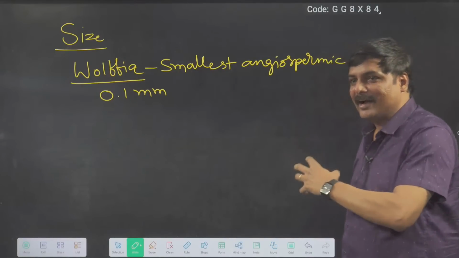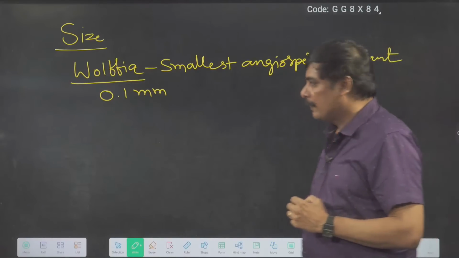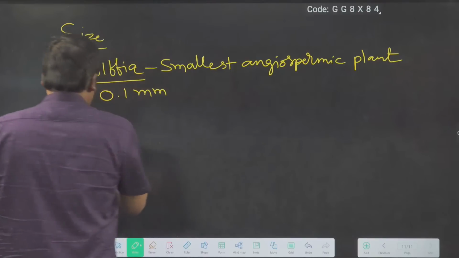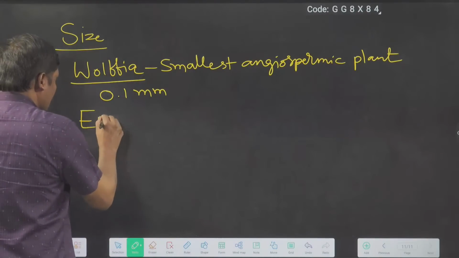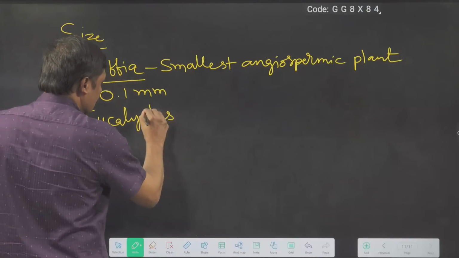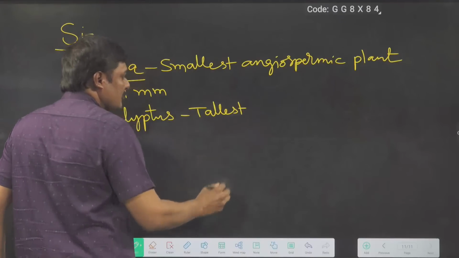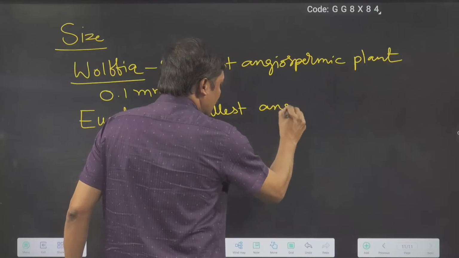On the other hand, contrary to this, eucalyptus is the tallest flowering plant, the tallest angiospermic plant.